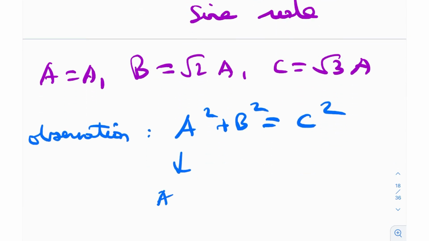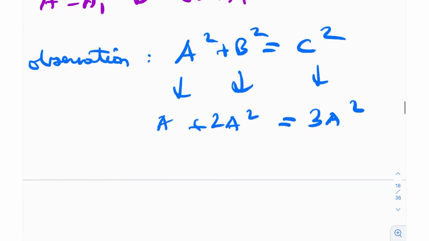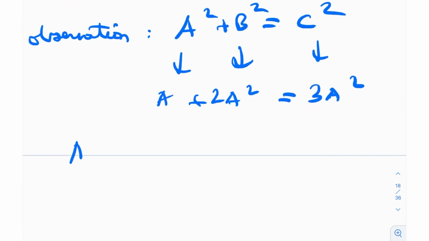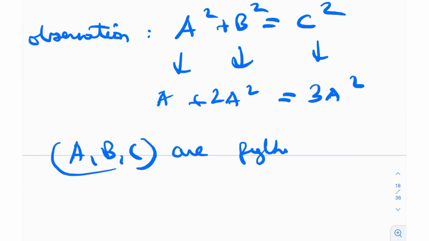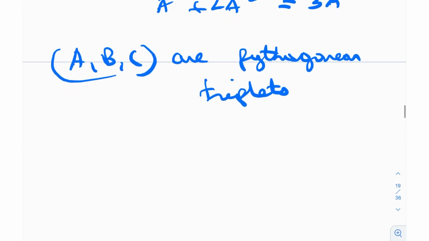Because A squared is nothing but A squared, B squared is 2A squared, and C squared so happens to be 3A squared. So we have a right angle triangle. A, B, C satisfy the Pythagorean property, so they are Pythagorean triplets. In other words, we have a right angle triangle with the sides A, B and C.